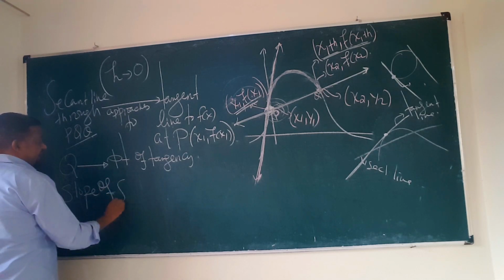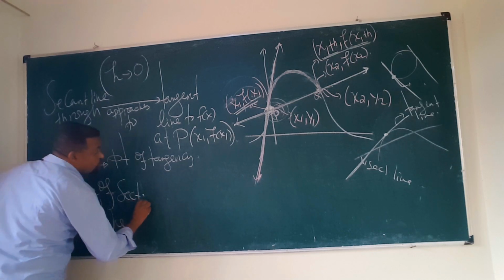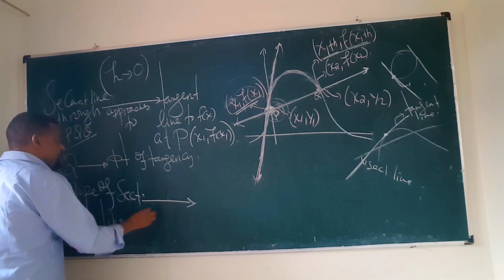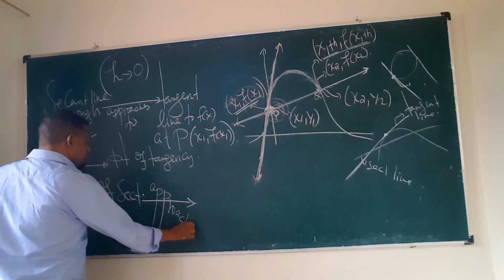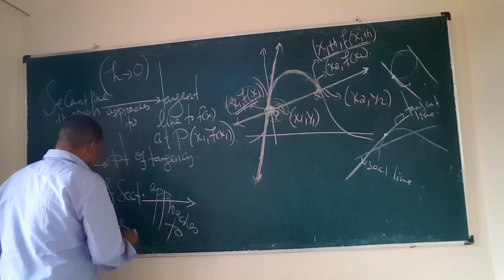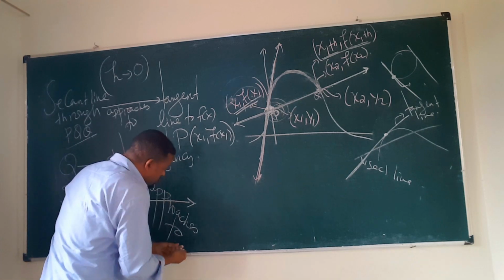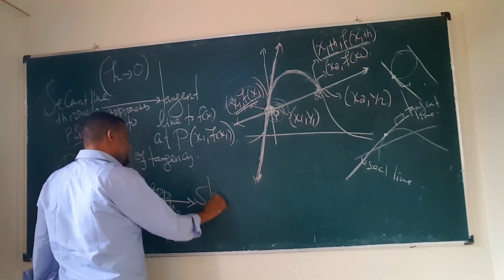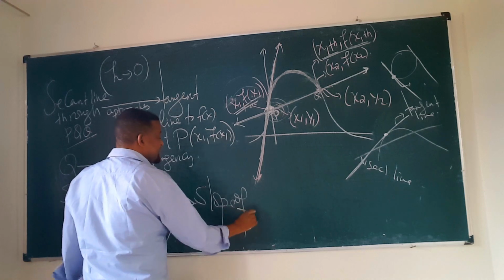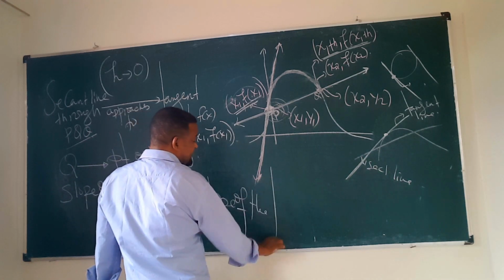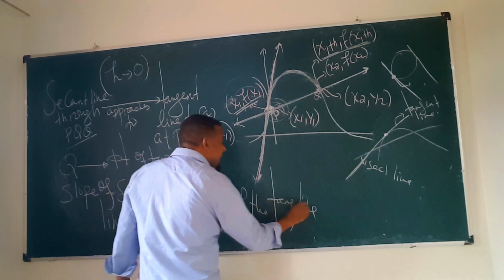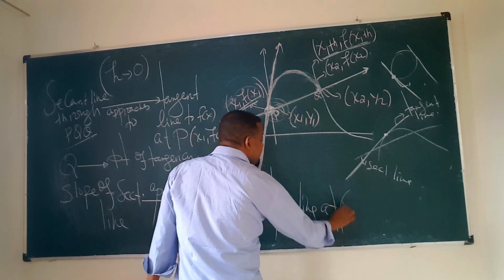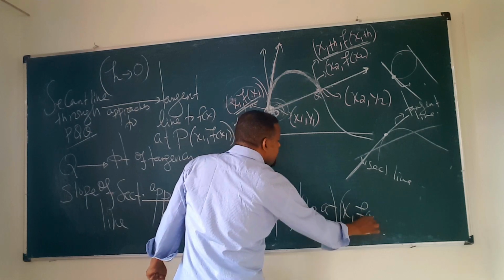So the slope of the second line will approach where? The slope of the second line approaches the slope of the tangent line at x1, f of x1.